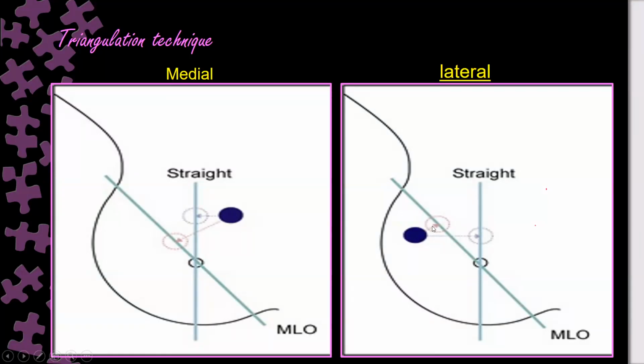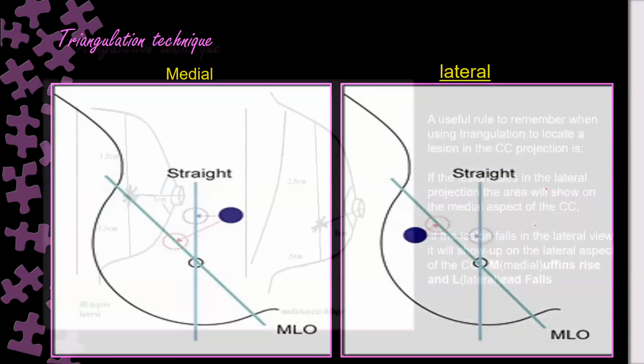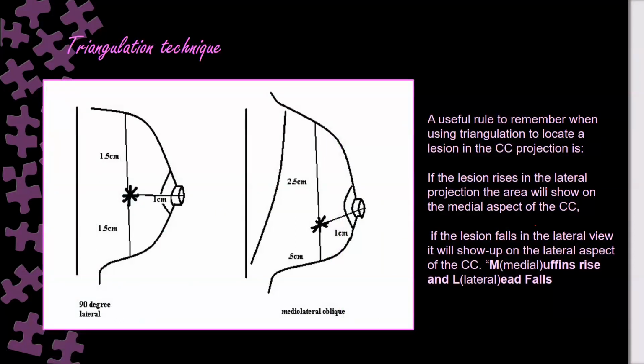Here its image will be higher than on the MLO, but more close to the nipple on the straight view. So when we say rise, to make sure we are talking about the same lesion, we have to have a constant distance, which is the distance from the nipple.